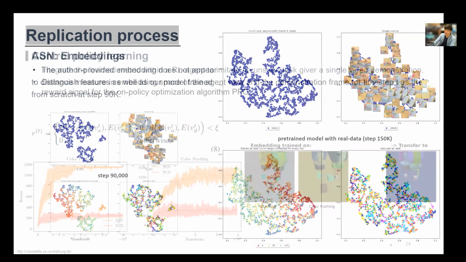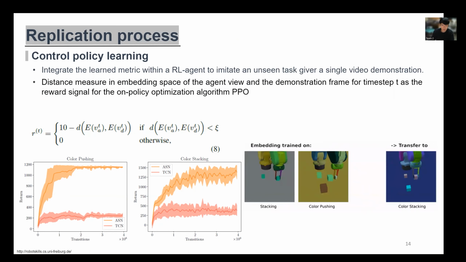Now I will introduce the control policy experiment. To verify the effectiveness of their embedding network, they conducted control policy learning experiments using pre-trained embedding networks. They used the embedding network as a reward function of the PPO algorithm.